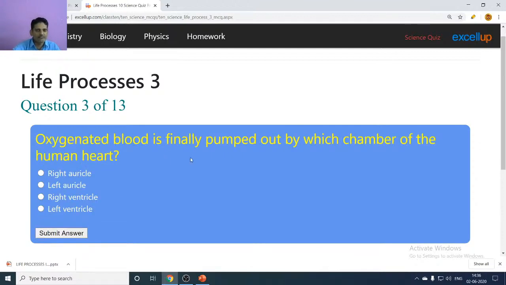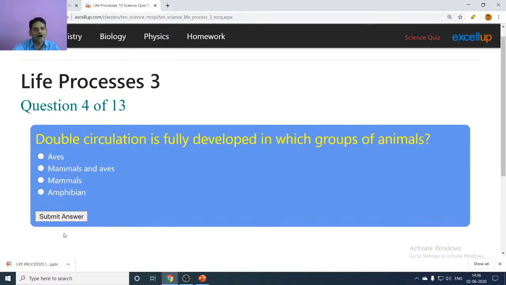Next, oxygenated blood is finally pumped out by which chamber of the human heart? Oxygenated blood from the lungs reaches the left auricle. From the left auricle, it opens into the left ventricle. From the left ventricle, it is distributed to all body parts by the aorta. Double circulation is fully developed in which group of animals?